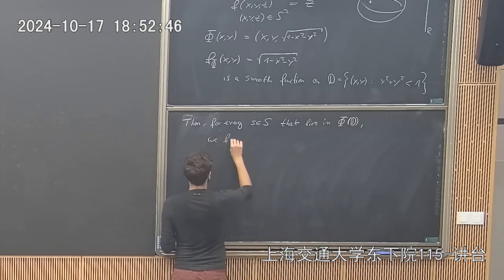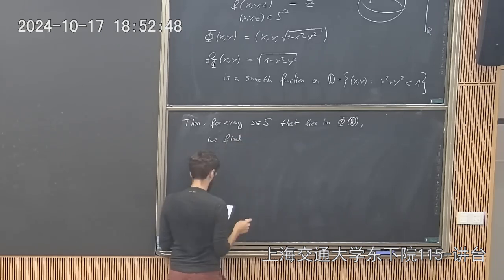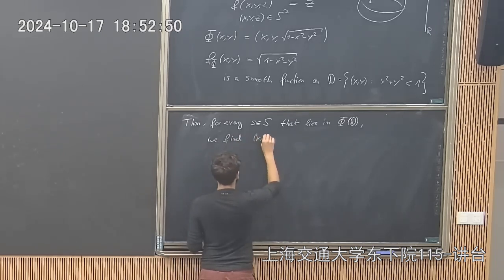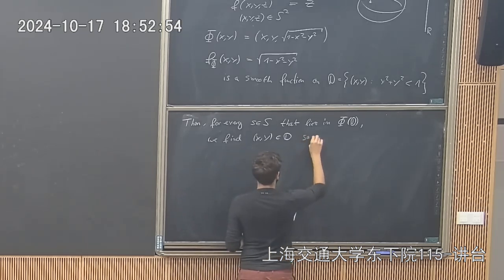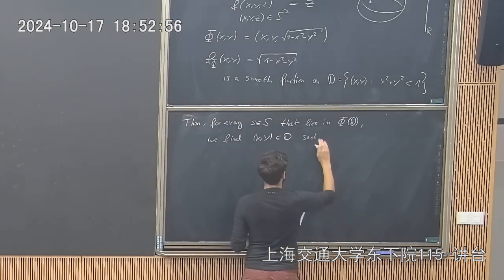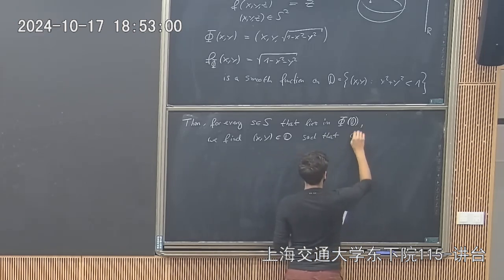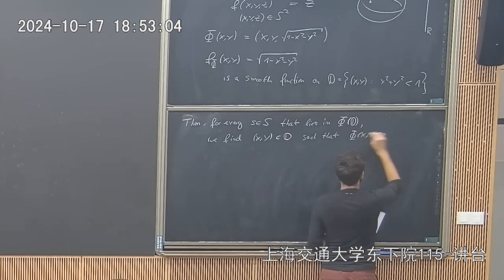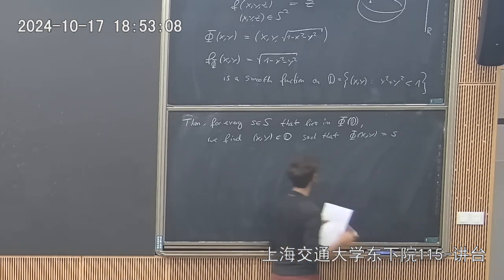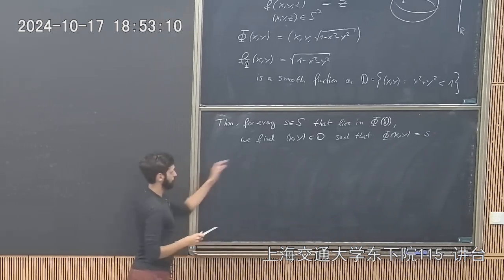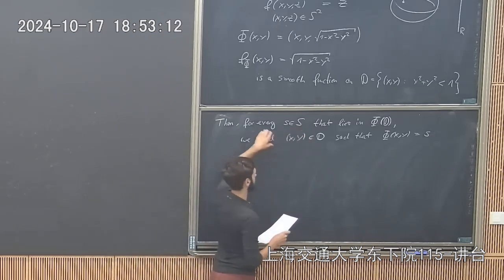We find x and y in D such that if you plug x and y into phi, we get our point S. And these are unique because phi is injective.